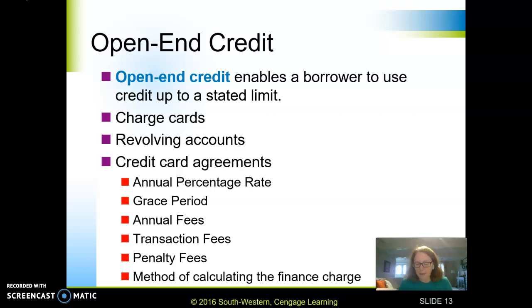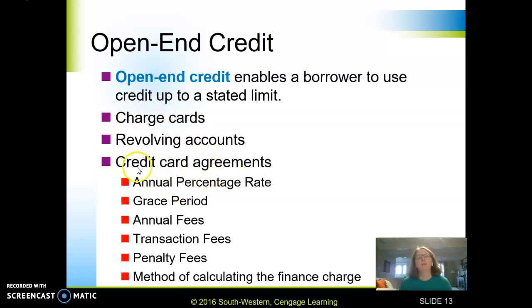But if you pay by the due date and just pay a partial balance, then you're going to have to pay interest on whatever you didn't pay off. And if you pay after the due date, then you're typically going to have late fees and penalties. You can keep utilizing that credit over and over again as long as you don't go above that stated limit. And again, charge cards are typically a 25-day billing period.